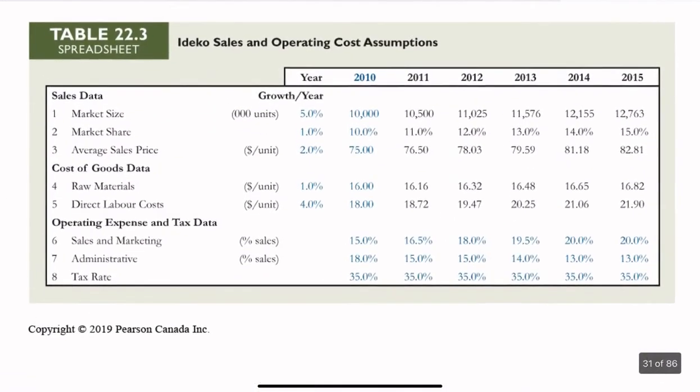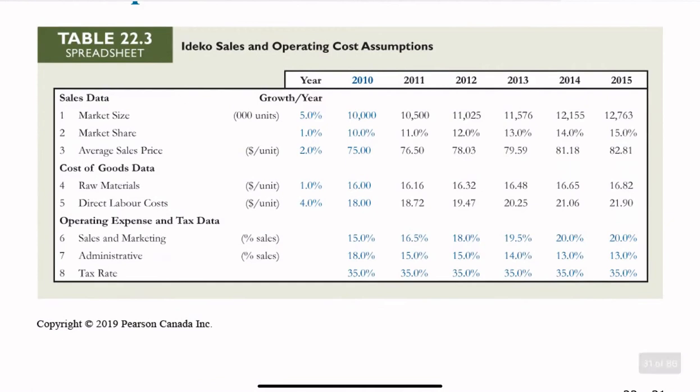Okay, so you can see that based on our assumptions, we can now find out all the data points we need to calculate the firm's income statement. As a good practice, when you're at home, you could check these numbers and see how you can solve these numbers.